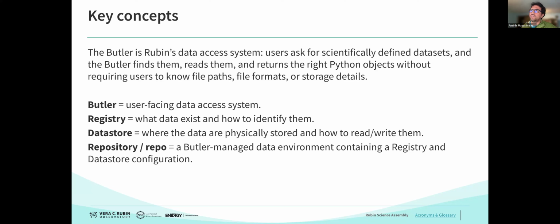An important concept is that of a repository, or repo, which is a Butler-managed data environment that contains the registry and data store, with a particular registry and data store configuration. So you can create multiple repos. In particular for DP1, we're only going to have one repo, which makes life easier, but that's the general concept.